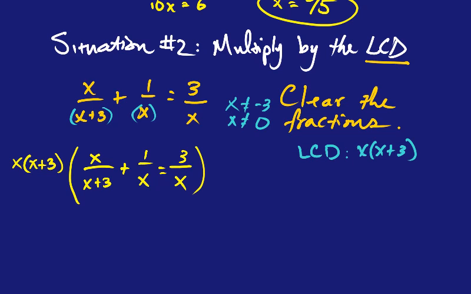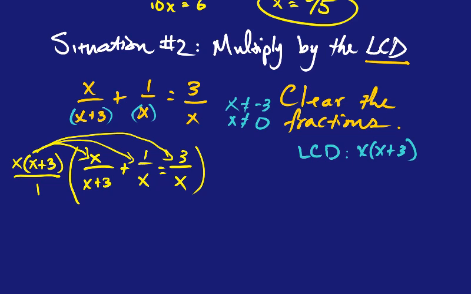Rather than creating the least common denominator for all the denominators, we're going to multiply the whole equation by the least common denominator. I'll put this over 1, and we're going to distribute that.